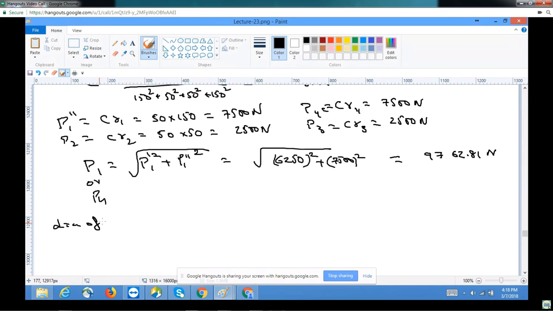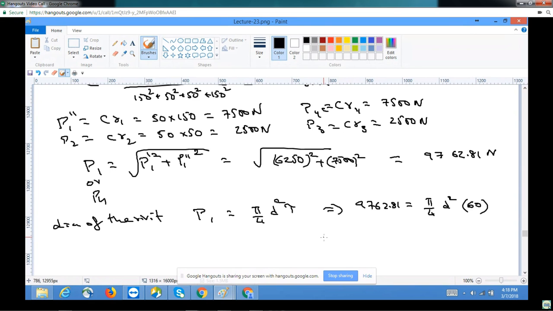So for the diameter of the rivet, P1 is equal to pi by 4 d square tau, and that implies 9762.81 is equal to pi by 4 d square times 60, because tau is 60. d comes out to be 14.39, or 15 mm.